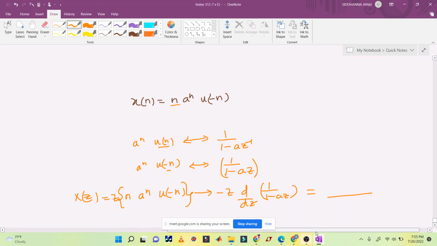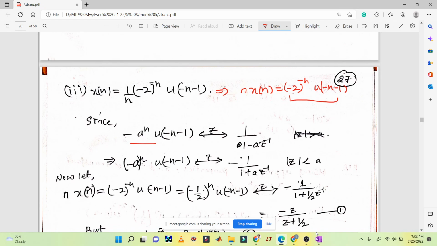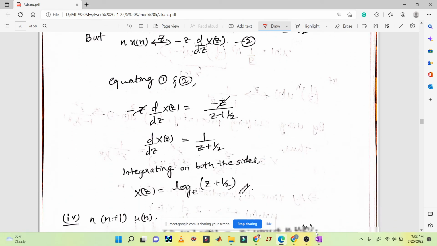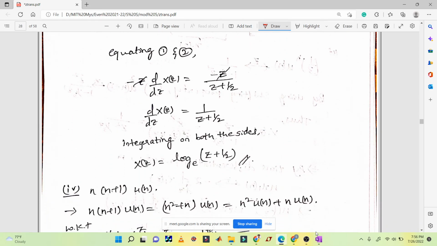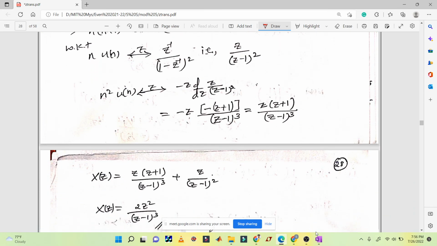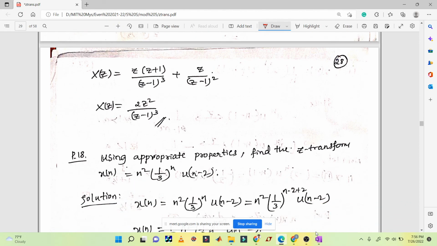Already time is up, so let us discuss this problem tomorrow. Okay, this problem and the next one. From there I will leave it to you. The next few problems also I will send to you, that is this one, n into n plus 1. You can go through it. It is easily understandable and easy problems once you get the other one.